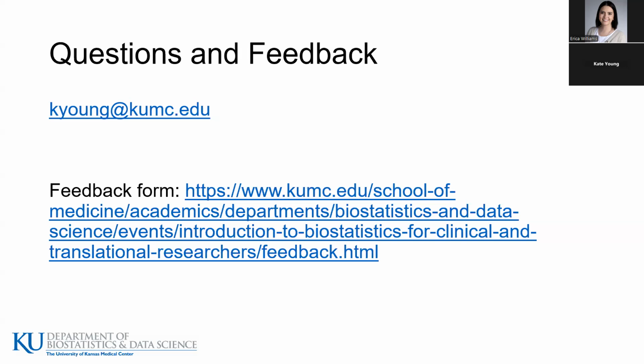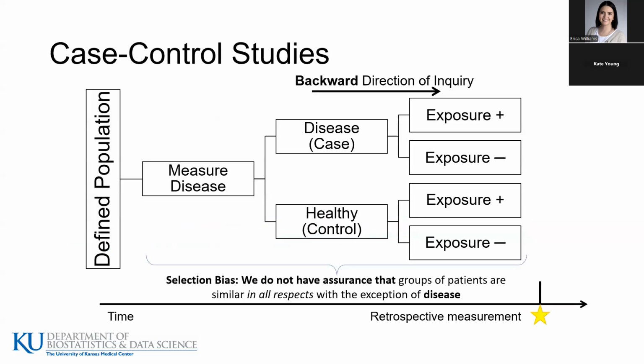The type of study would be dependent on how you're selecting patients based on those groups. Going back to the case control study, if you're selecting patients based on whether they have the disease or not, that would be a case control study.